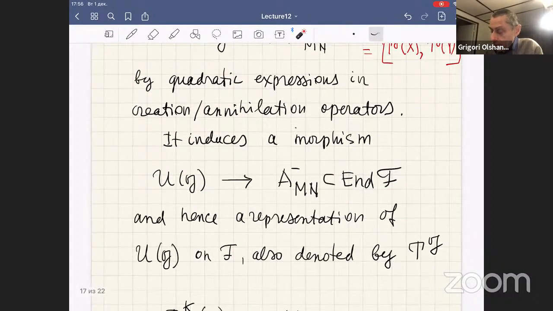So one can say that our realization, to be explained later, determines some representation of G, or which is exactly the same, of the universal enveloping algebra, on this Fock space, and I will still denote it by the same symbol.